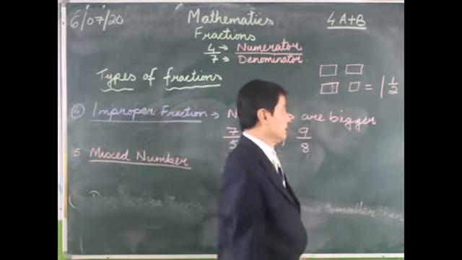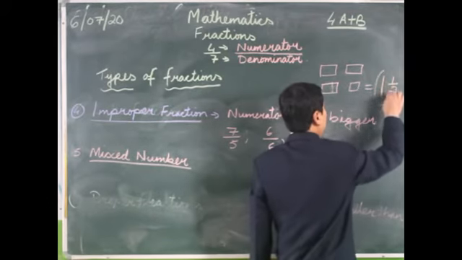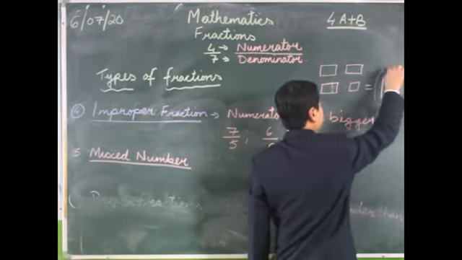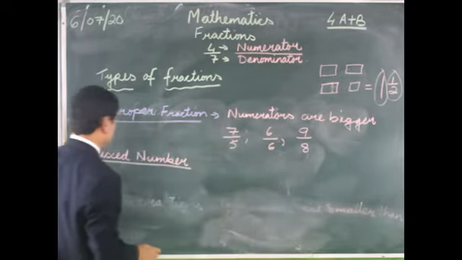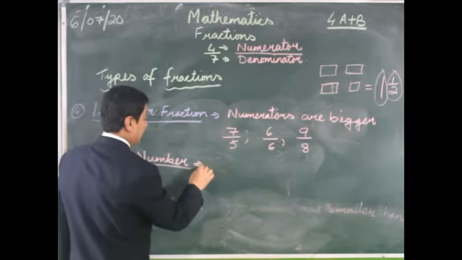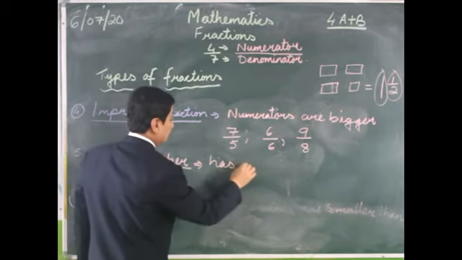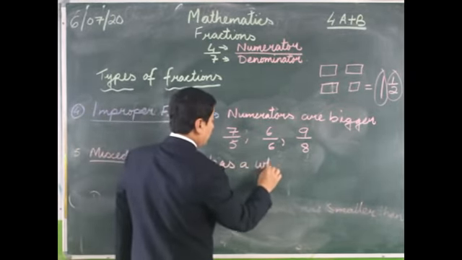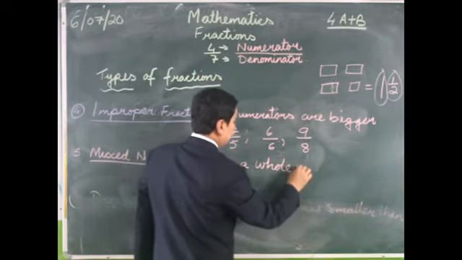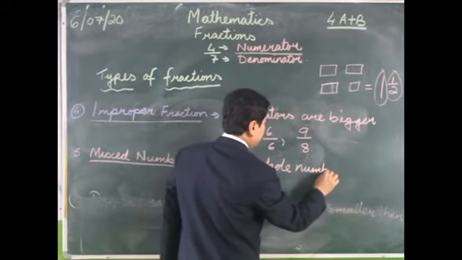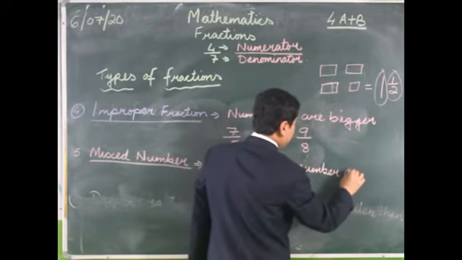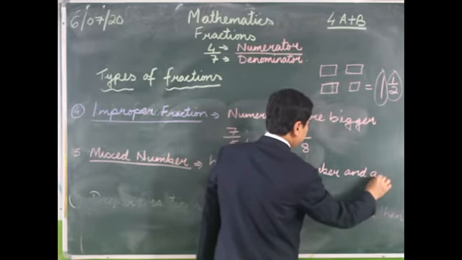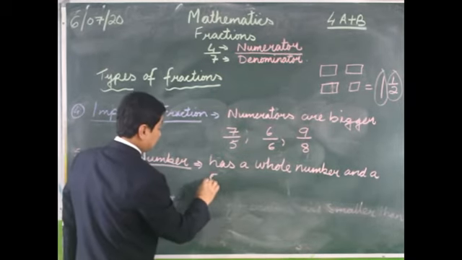So, a mixed fraction has a whole number and a fraction. So, we can say that mixed numbers have a whole number and a fraction.